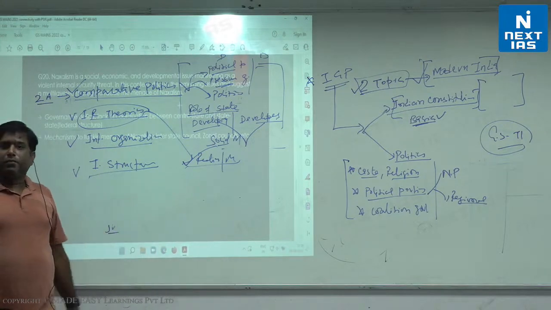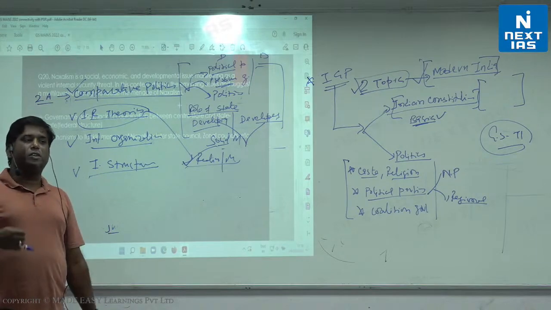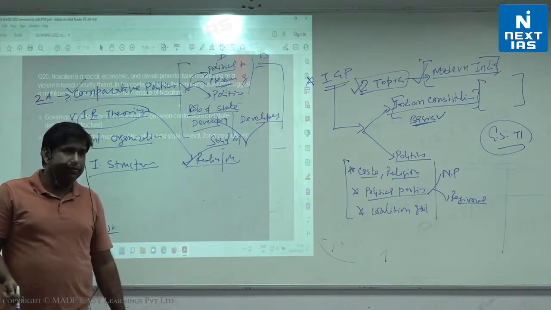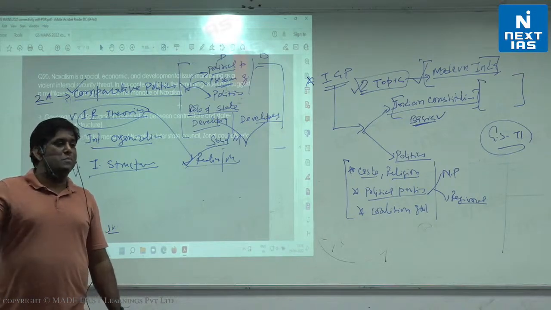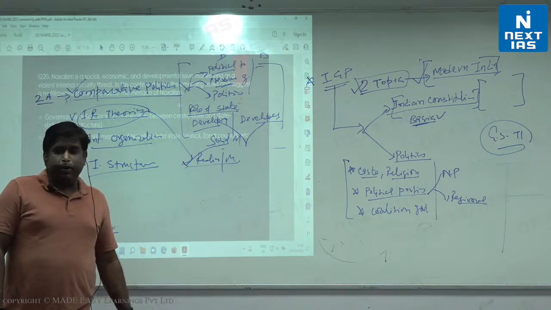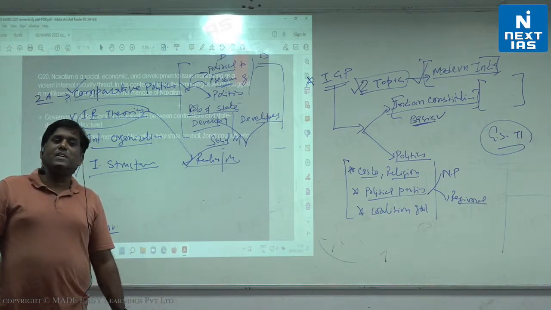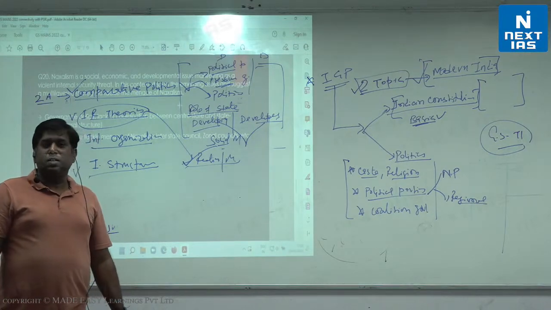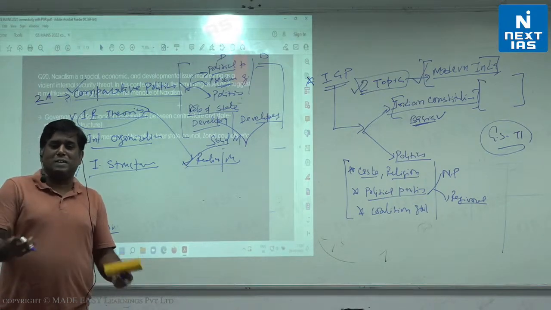Like, there is realism, who believe that there is a competition and power politics among the states. Only powerful nations can survive well in comparison to the others. But liberalism says, no, let's develop a complex interdependence among the states. So even if the states wish, they cannot win over the other countries. Okay, let's understand it like that.